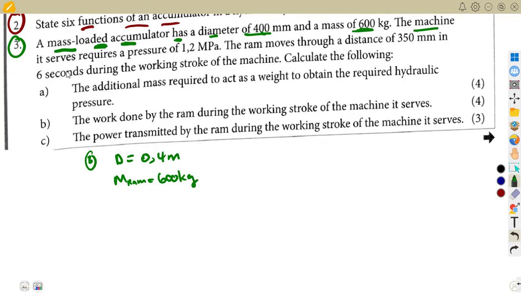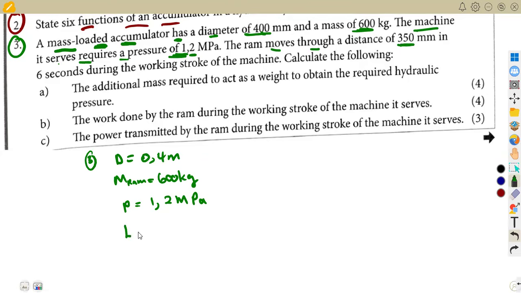The machine that it serves requires a pressure of 1.2 megapascal. It is going to need this pressure. So the RAM moves through a distance of 350.